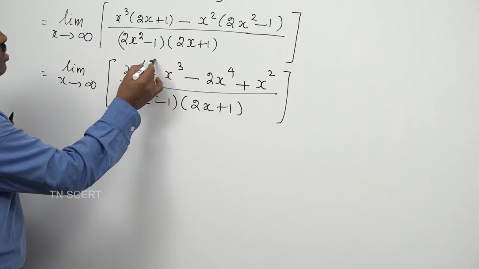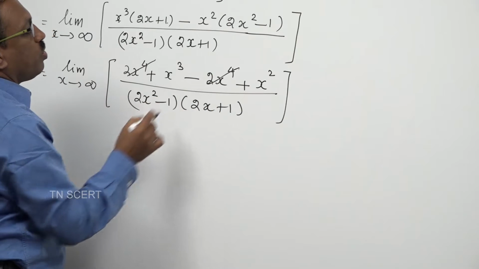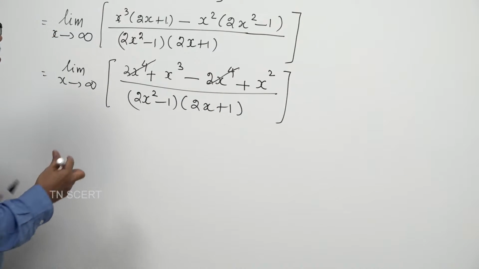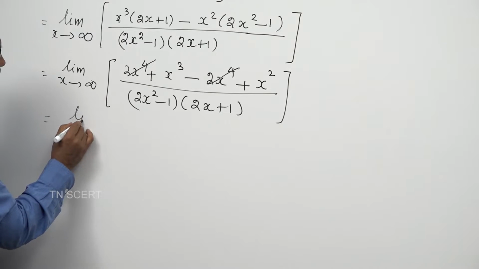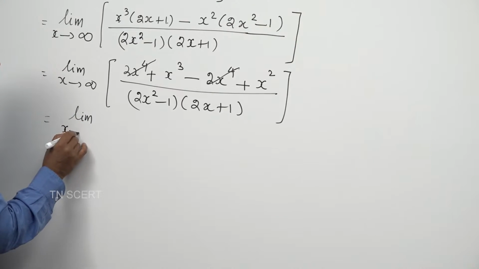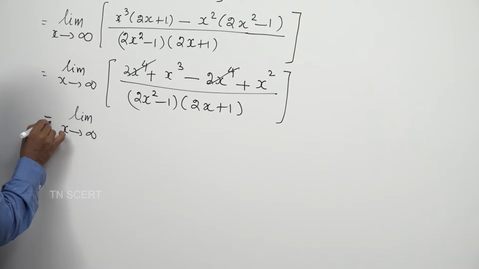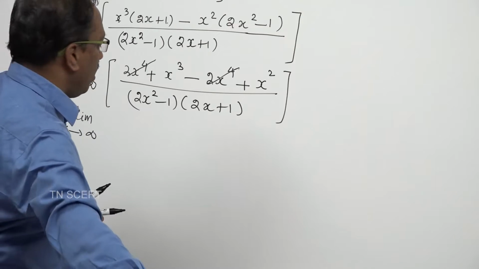Here the like terms are 2x power 4 and 2x power 4, which cancel, so the limit as x tends to infinity of x cubed plus x square, divided by the denominator.